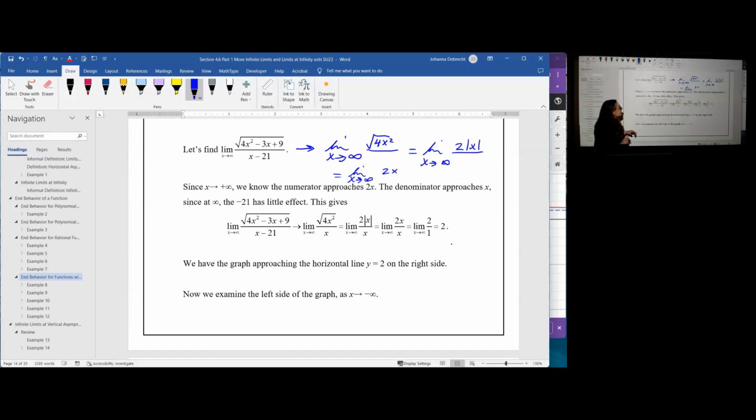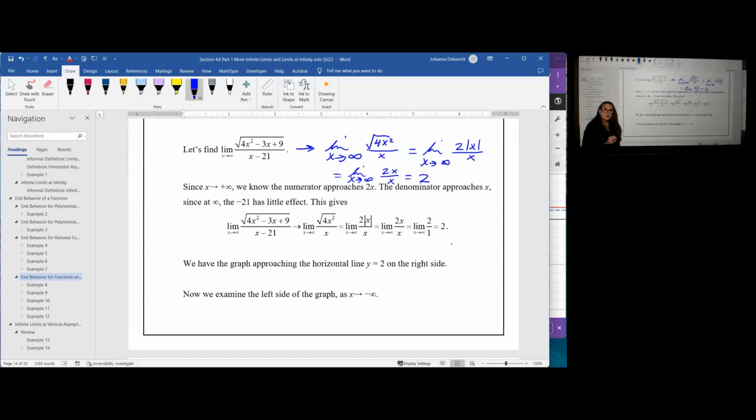When we're looking at the denominator, what happens as we go to infinity? The graph of x minus 21 becomes closer and closer to just the graph of x, the highest degree term. So this approaches an x here, and x here, which means the graph must approach the horizontal line y equal 2.